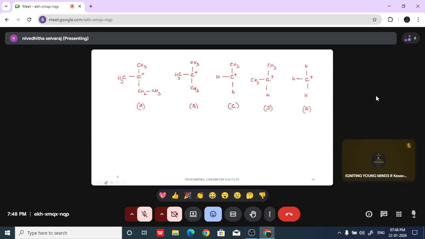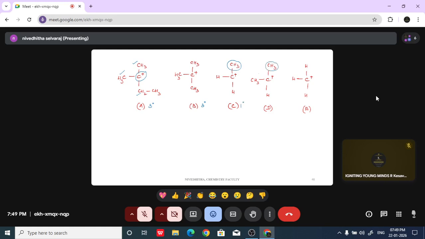So what kind of carbocation is this one? The positively charged carbon is attached to 3 R groups. So it is tertiary. The positively charged carbon is again attached to 3 R groups. Again, this is tertiary. Here, the positively charged carbon is attached to only 1 R group, so it is primary.